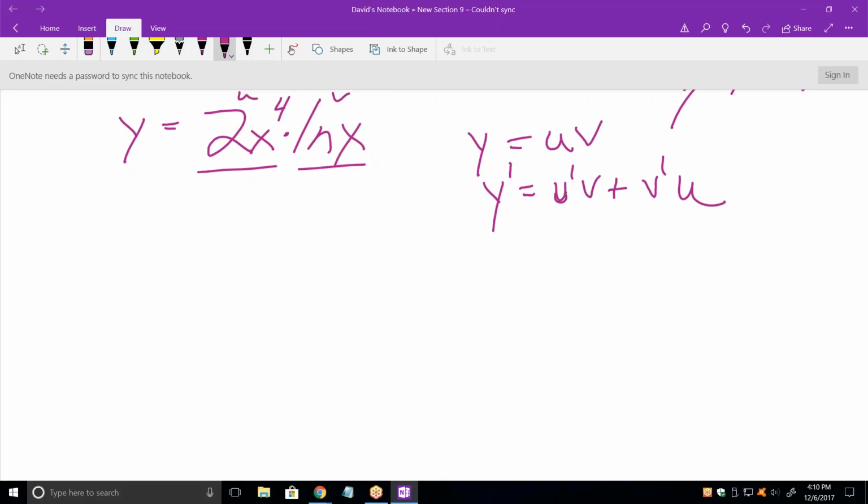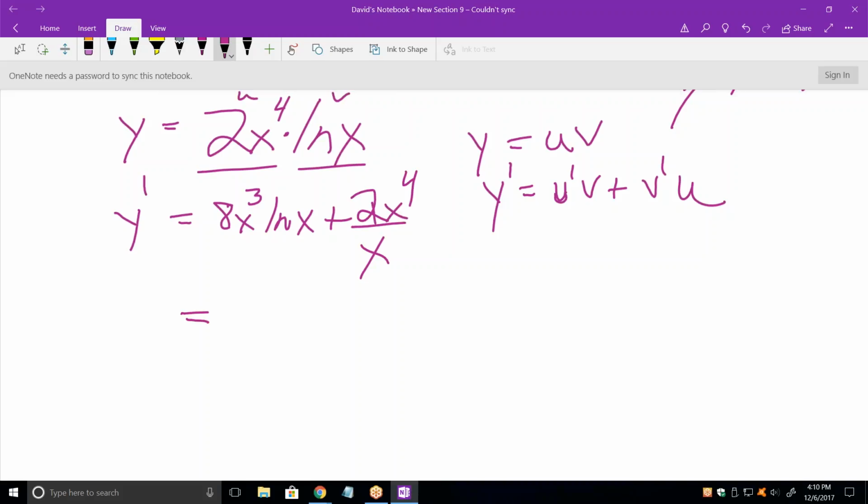What's u prime? That would be 8x cubed. What's v? ln x. And now what's the derivative of v? What's v prime? 1 over x, times 2x to the fourth.